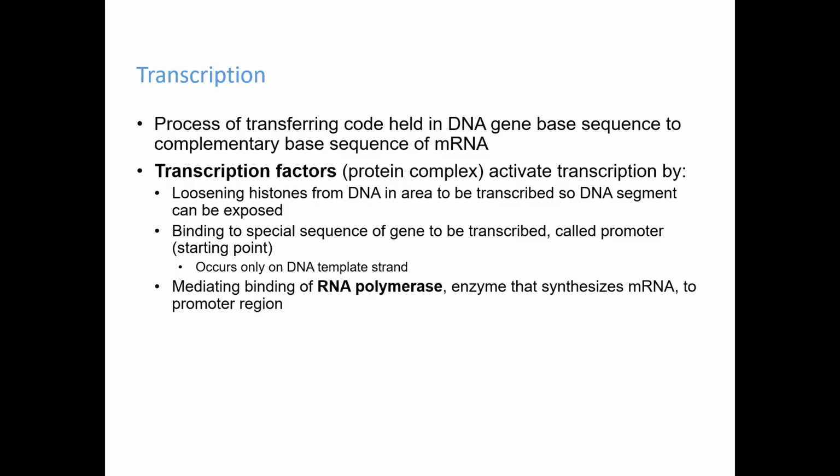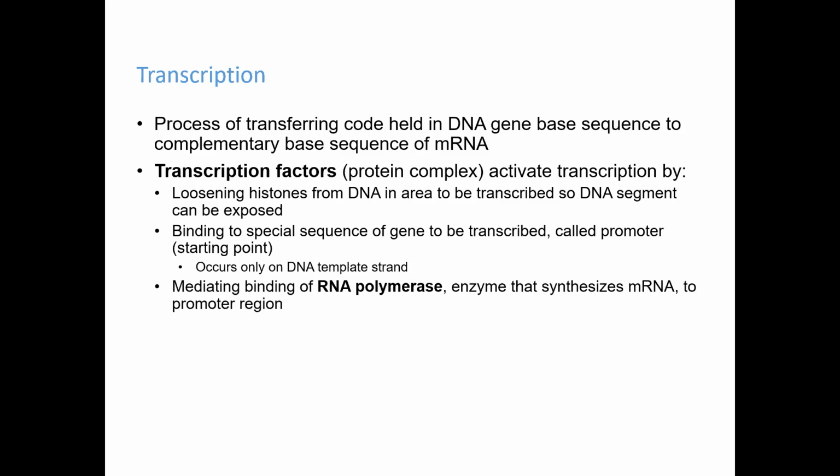There is a segment on the DNA called the promoter that tells us where to start. There's always a promoter on the gene. It tells you this is the starting point. Start here. Don't start 2 above or 3 below. Start right here.